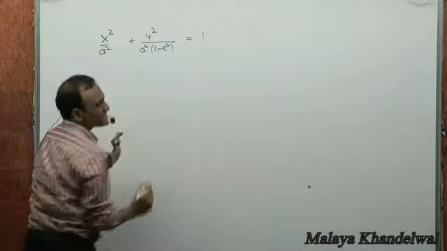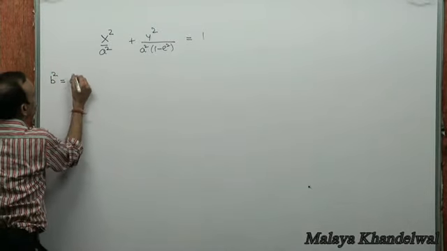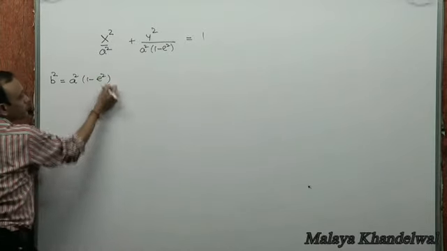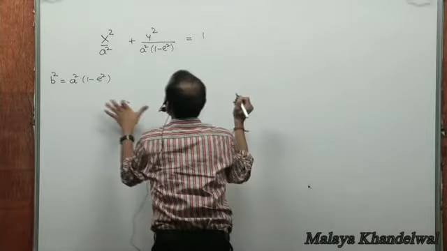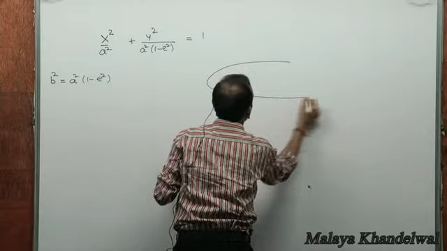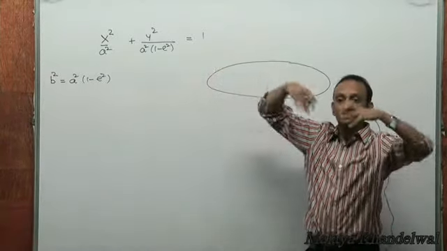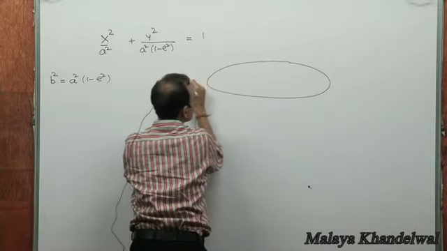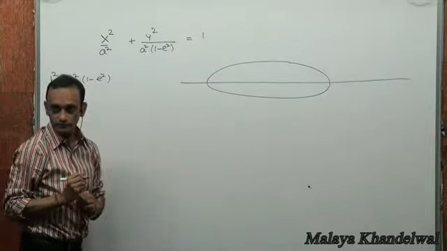Where e was the eccentricity and we referred to b squared as a squared into 1 minus e squared, right? And for this algebraic description, the locus turned out to be a closed curve of this kind.